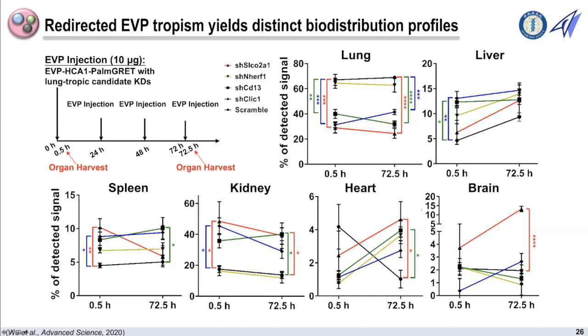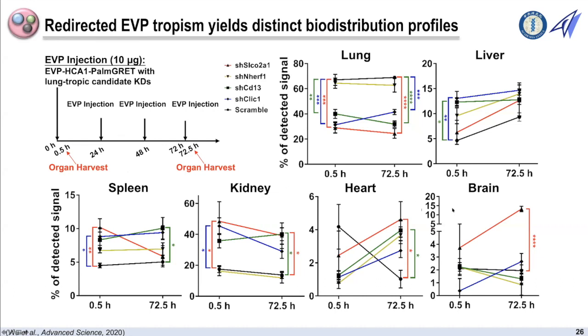And then overall this data suggests that not only are we able to redirect the tropism of the EVP, but we can also demonstrate distinct biodistribution profiles in the different organs, such as the liver, spleen, and kidney.